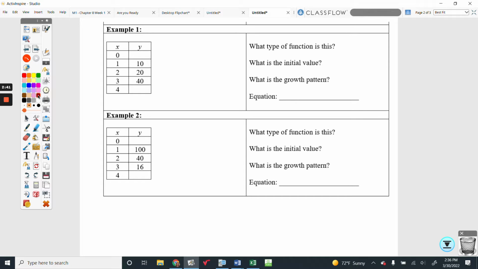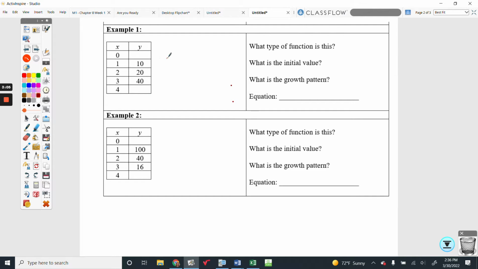All right, so let's first figure out what's going on with example 1. When I look at this, I notice that it's growing. If I look at what's happening, I add 10 and then I add 20. Since that's not the same number, this is a different kind of equation, so I'm going to look for something else.